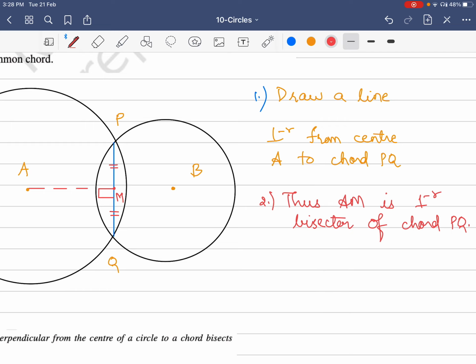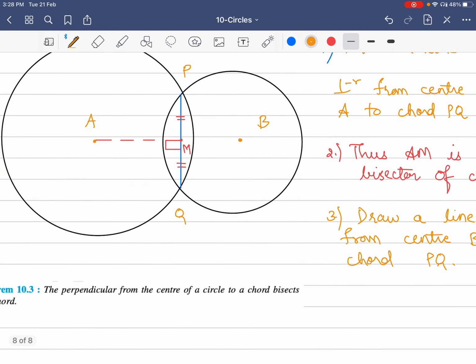Now similarly, once again we are going to repeat the same process, but from the center B of this circle. So again, I'm going to do my step number 3, which is going to be draw a line perpendicular from center B, this time, to chord PQ.